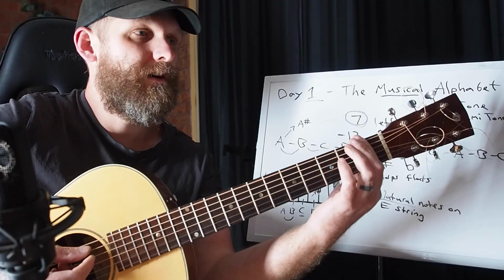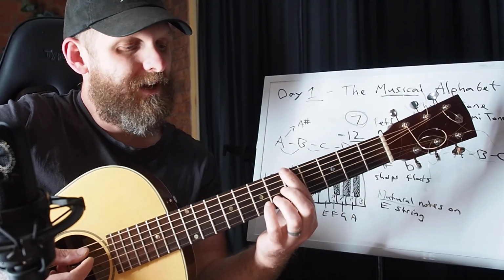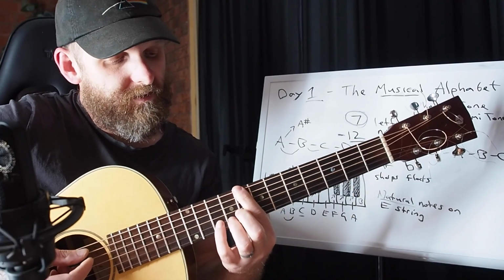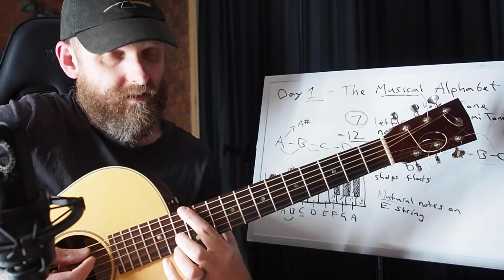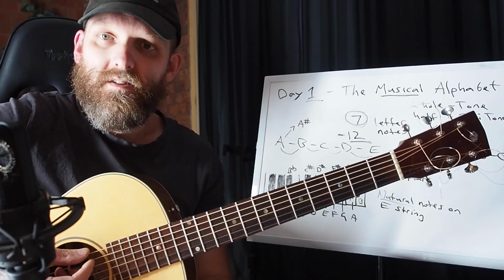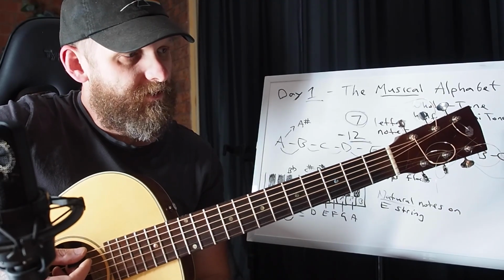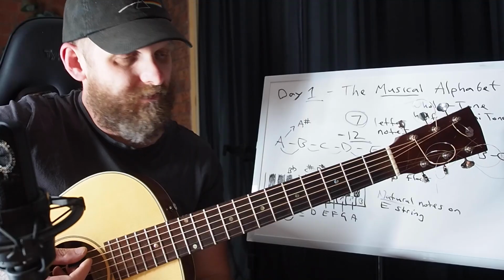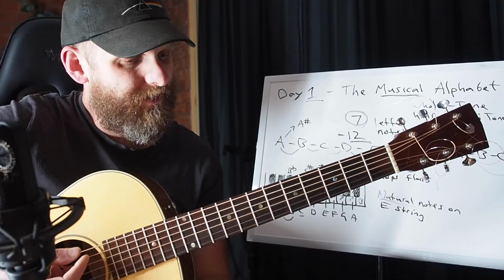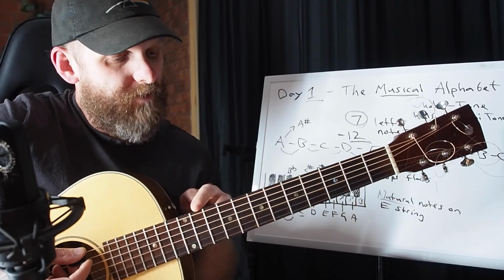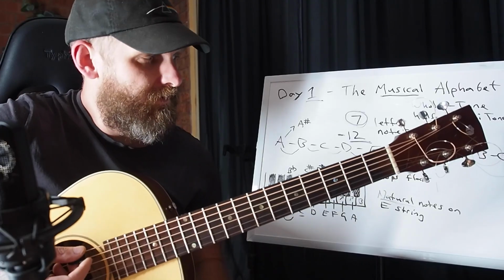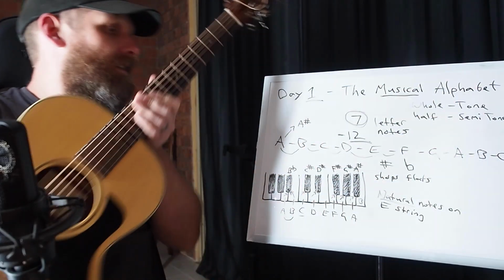E, F, G, A, B, C, D, and E. So that's your homework for today. All right, practice that as many times as you need to until you get familiar with all of those natural notes on the E string.